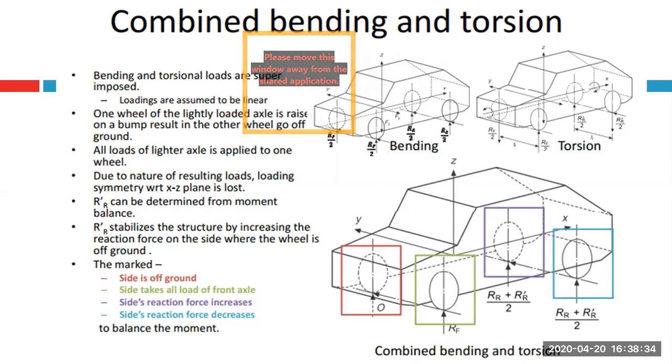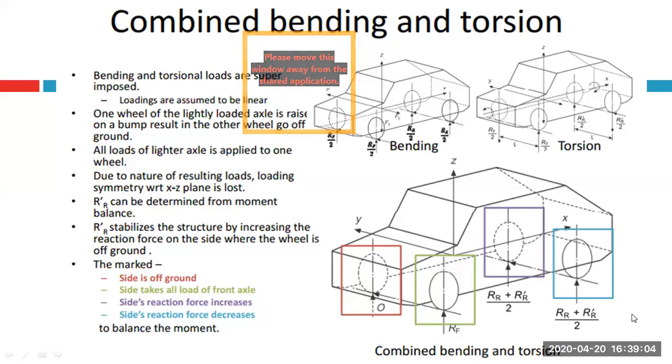Again, we are going to assume that these loads are linear. So superimposition is like whenever you have both bending as well as torsion load, you add both these loads together and then you have a superimposed final figure. The figure that you see here is a condition where both bending as well as torsion load are superimposed and you have reactions which are the addition of these two loads.